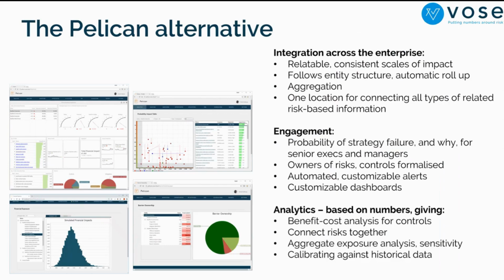Pelican, to respond to those limitations, offers a quantitative system that allows one to define things like entity structure. It allows to define the consistent scales of impact, so that you can aggregate the data, or aggregate the consequences of different types.